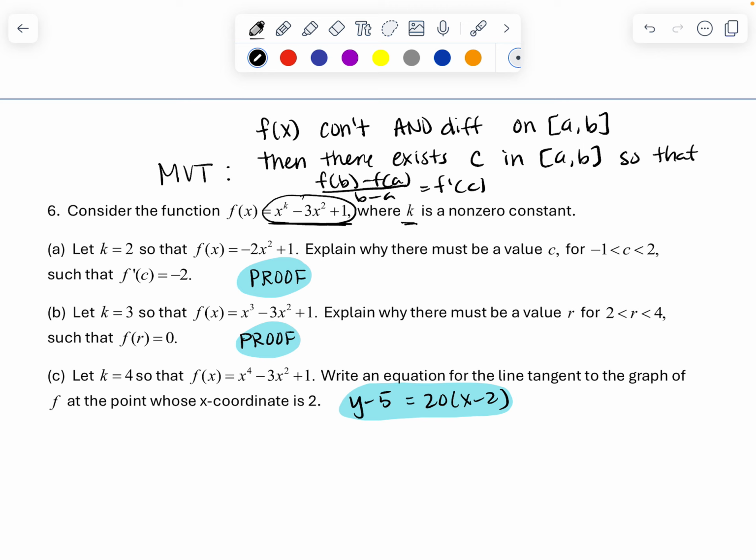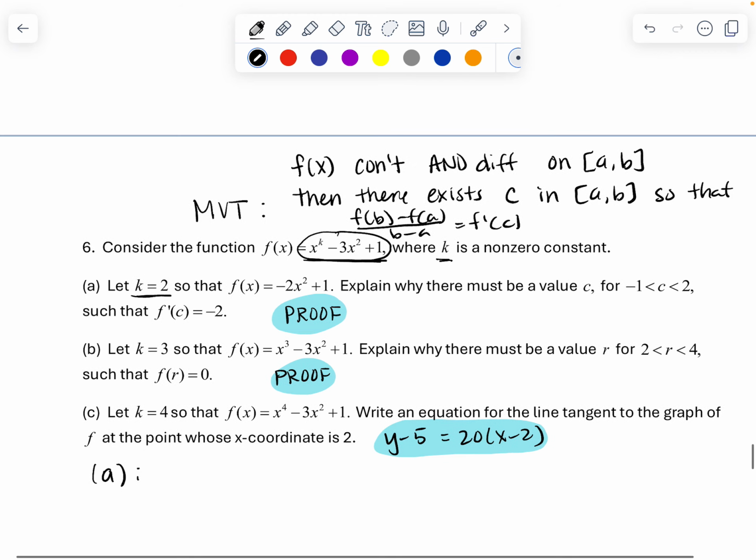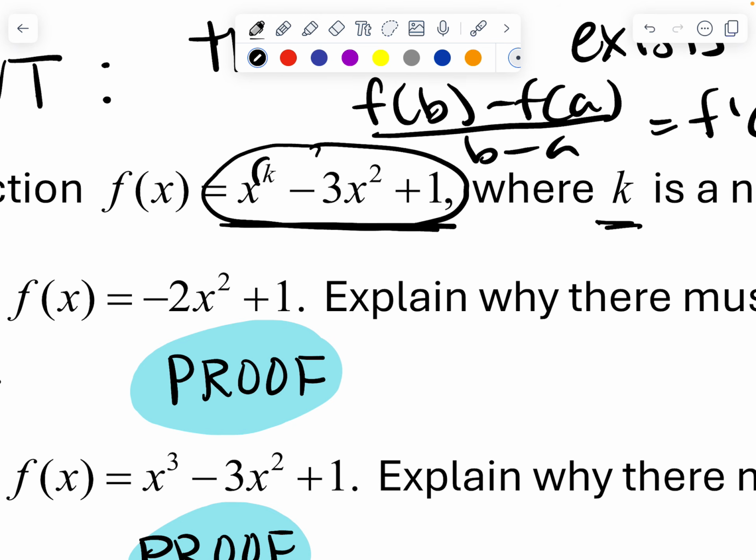Okay, so let's look at part A. Part A says, let k equal 2. If this little k equaled 2, what would we get for our polynomial? They tell you right here, but if you're wondering how, let me show you.